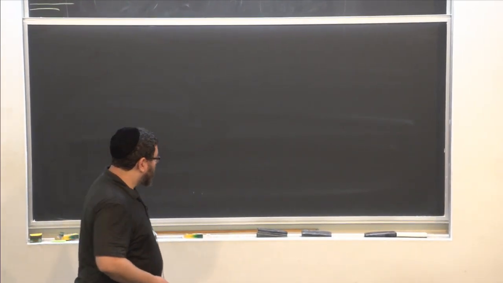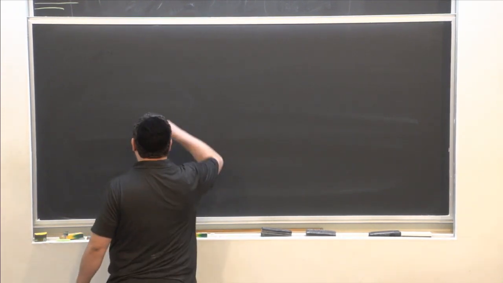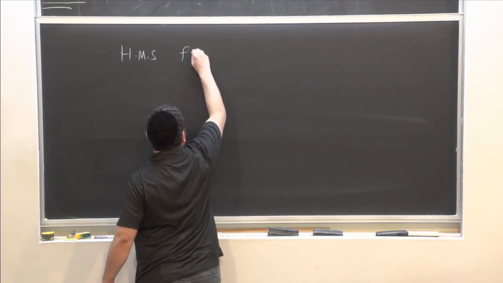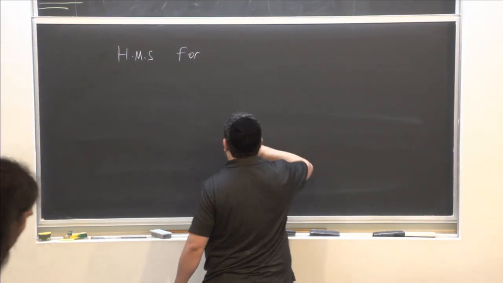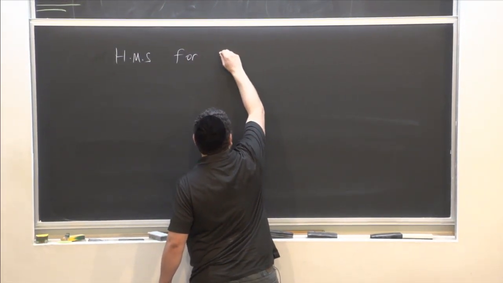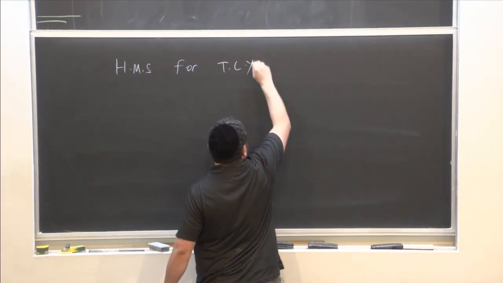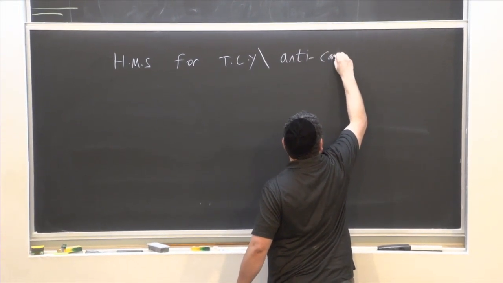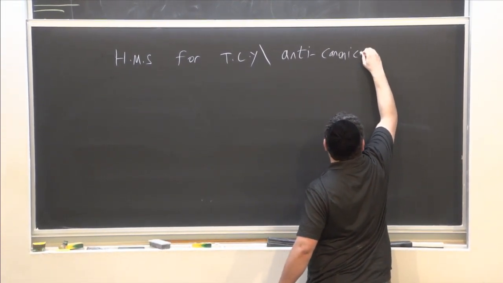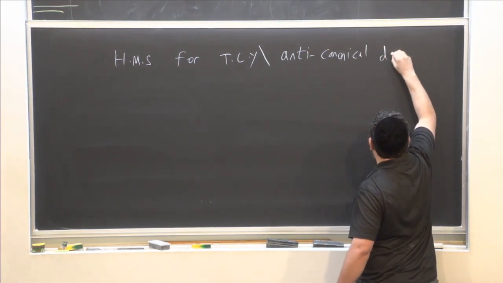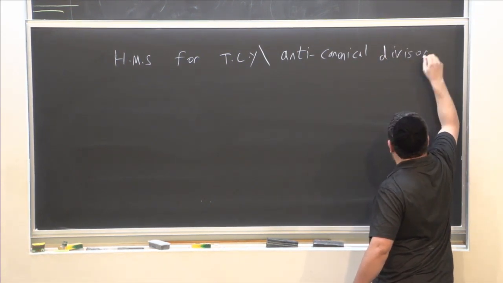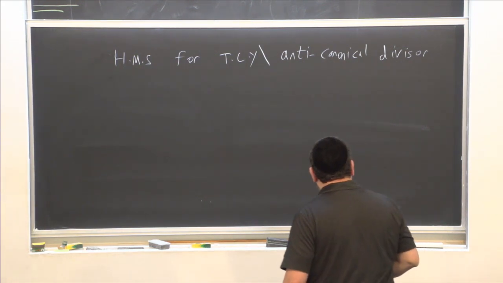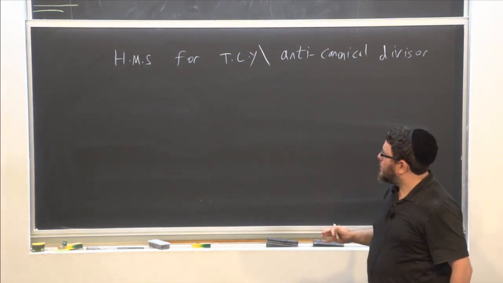Okay, so the subject is homological mirror symmetry for complements of an anti-canonical divisor inside toric Calabi-Yau, and this is something I will describe in detail in just a minute. So this is the main subject.